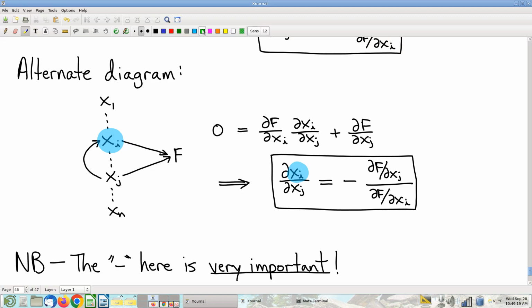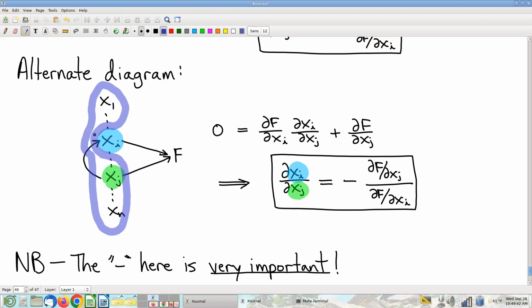And let's suppose that I want to take its partial derivative with respect to, let's say, x sub j. Now keep in mind, xi is a function of all of the other variables.